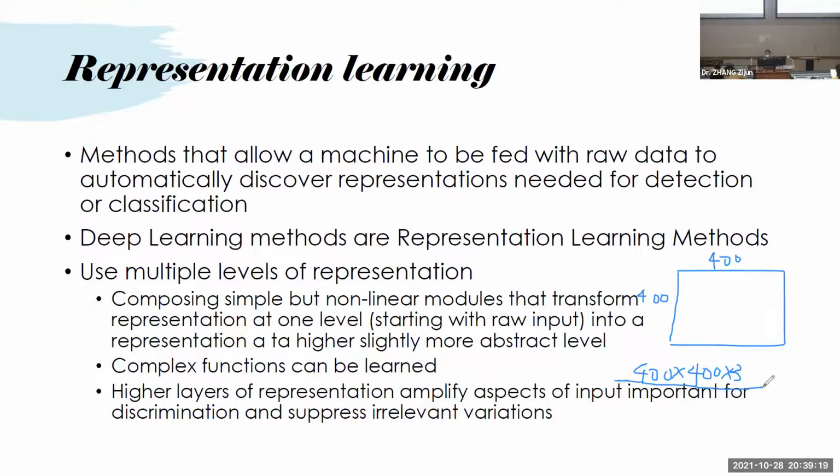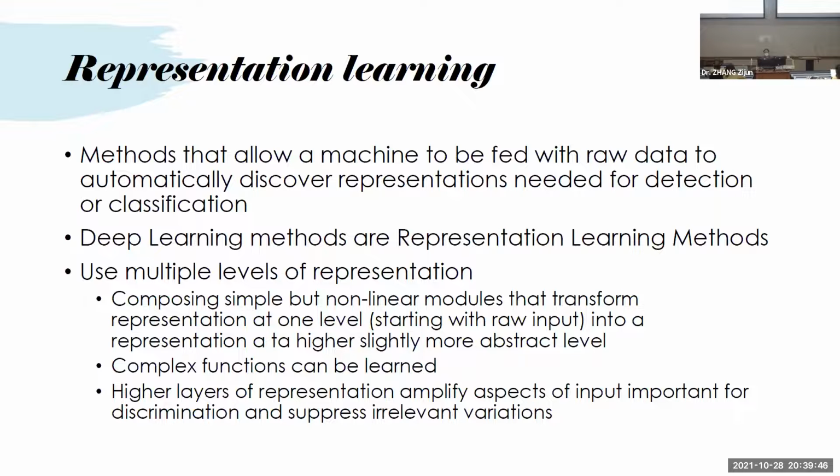And the total dimension is this big. If it's even higher resolution, like 1000, it is much larger. Such a big input cannot be easily processed by a shallow network.